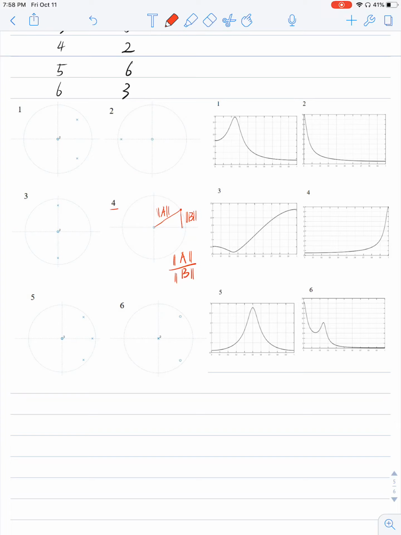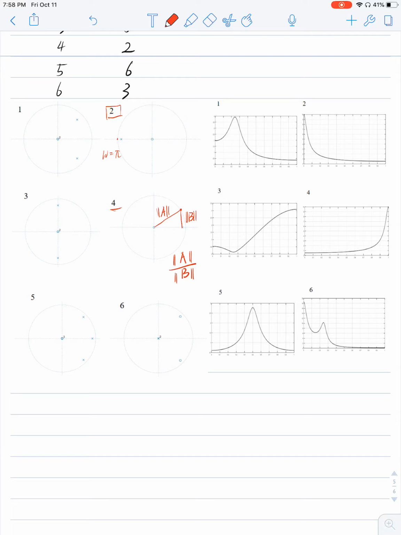Let's first look at the pole zero diagrams 2 and 4. From the image we can get that for figure 2, when omega equals pi, the frequency response reaches the maximum.